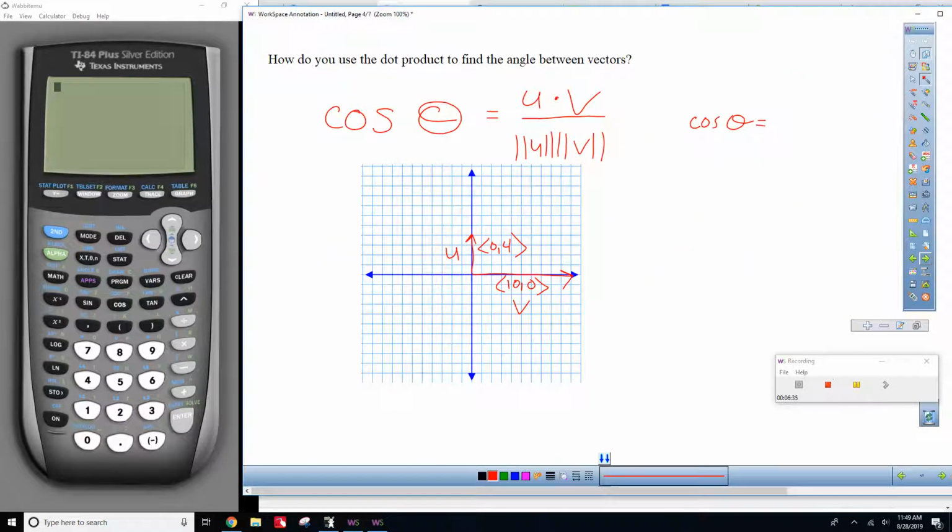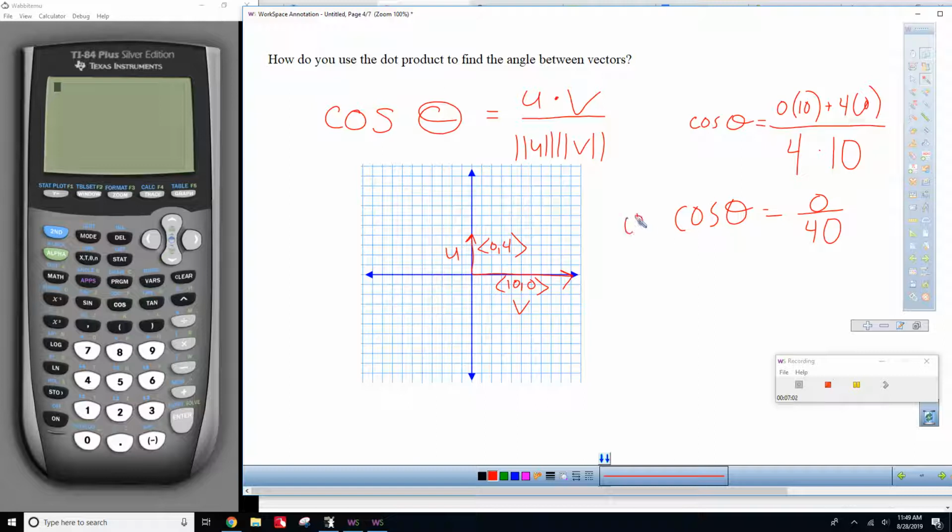Okay, let's find the dot product of u dot v. So it's 0 times 10 plus 4 times 0 over the magnitude of u, which is 4 units, times the magnitude of v, which is 10 units. You get cosine of theta is 0 over 40.